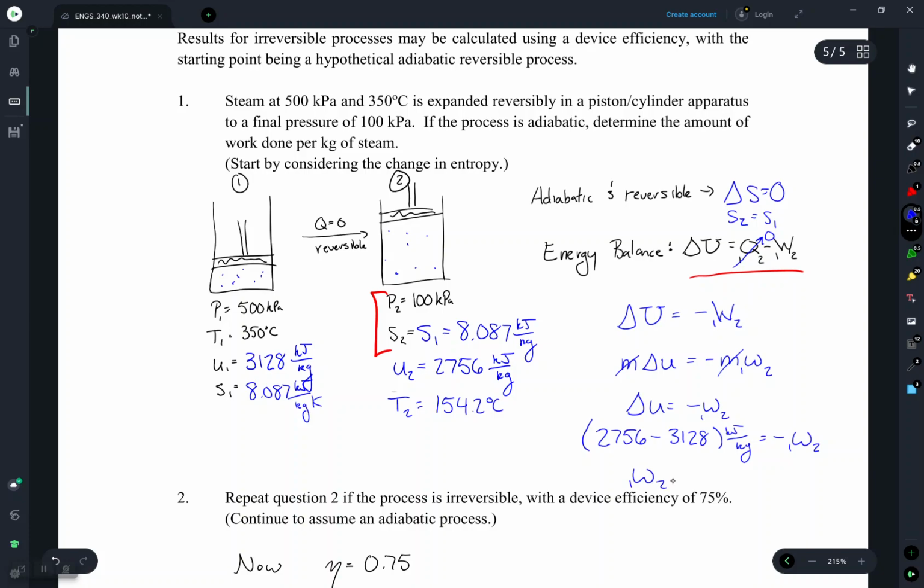So W12 is equal to a positive 372 kilojoules per kilogram. So when we have an expansion, that's when we're going to be getting a positive work out of our system. To compress it, we're putting work in. When it's expanding, we're getting work out. Again, same as what we would see for a control volume process.